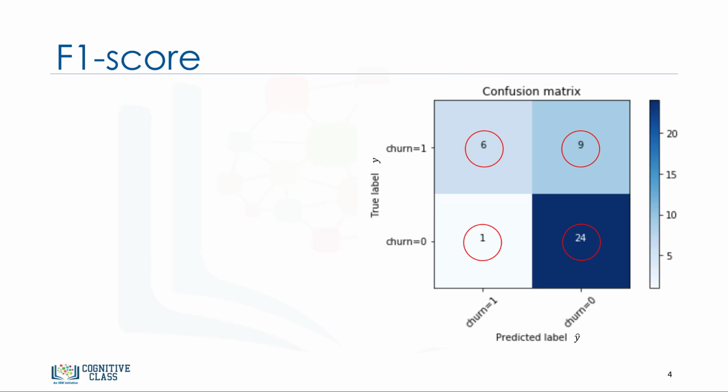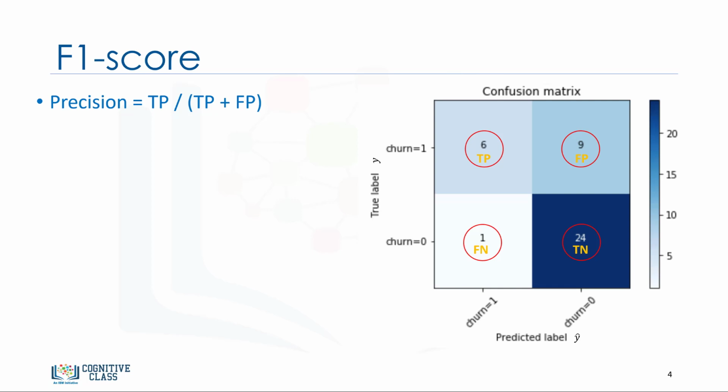A good thing about the confusion matrix is that it shows the model's ability to correctly predict or separate the classes. In the specific case of a binary classifier, such as this example, we can interpret these numbers as the count of true positives, false positives, true negatives, and false negatives. Based on the count of each section, we can calculate the precision and recall of each label.